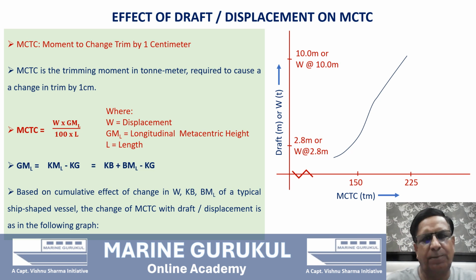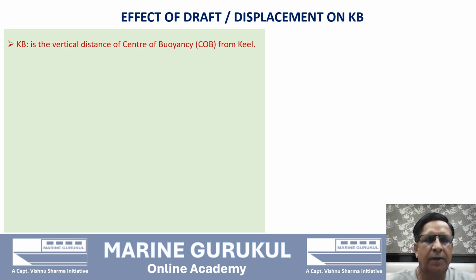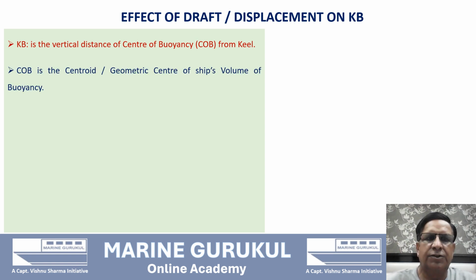Effect of draft or displacement on KB, or the vertical center of buoyancy. KB is the distance of the center of buoyancy from the keel. The center of buoyancy is the geometric center or the centroid of the ship's volume of buoyancy. What is volume of buoyancy equal to?